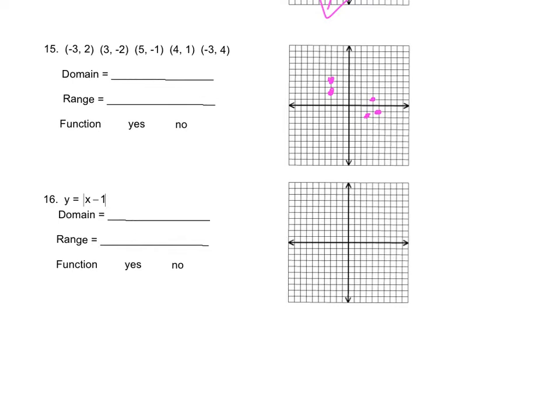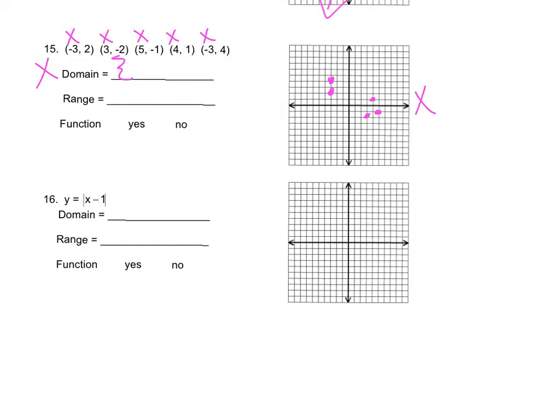Okay, so we cannot keep plotting points because these are the only 5 points that we were given, and we can't connect the points. So in order to find the domain and the range, we're just going to list them out. So you can just look at either the ordered pairs or look at the graph.